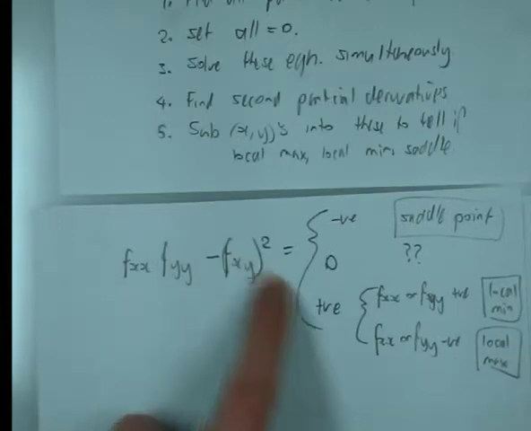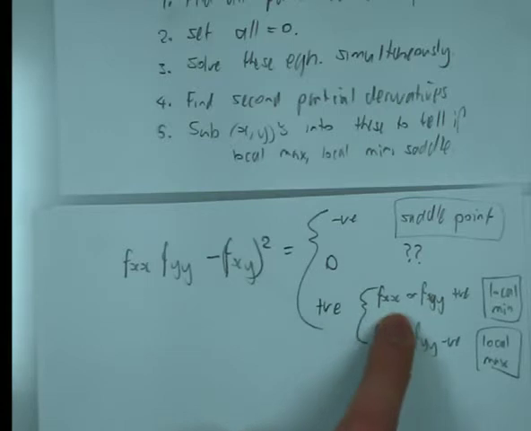If you've already found that this is positive, you will not get the situation where one of them is positive and the other one's negative, because that's covered by that one.